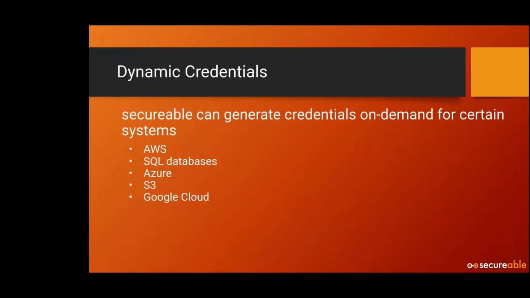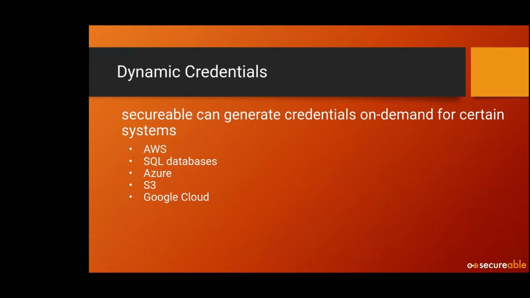On to dynamic credentials. Now, this is one of the things that takes a little bit of time to understand, or it did me, but when you understand what it does, it's quite amazing, because we can generate credentials on demand for databases, Azure, Google Cloud, AWS, without knowing anything or any of the secrets required to log on with that.